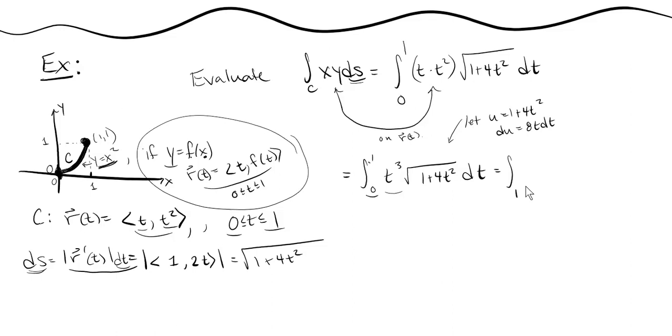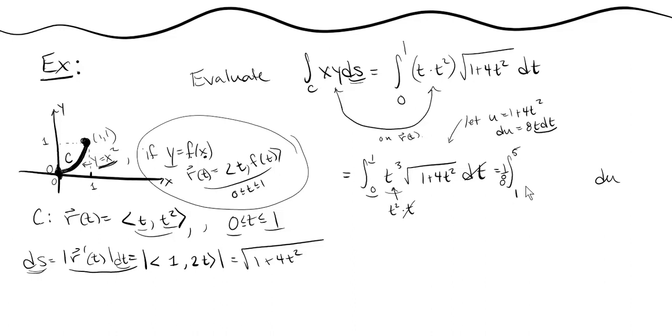When I plug in t equals 1, I get u as 5. So those are my new integral bounds after the substitution. And remember, this t cubed I can break up as t squared times a copy of t. This is useful because I know t dt is really just 1/8 du, so I can get rid of this t and dt. I replaced those with u expressions.